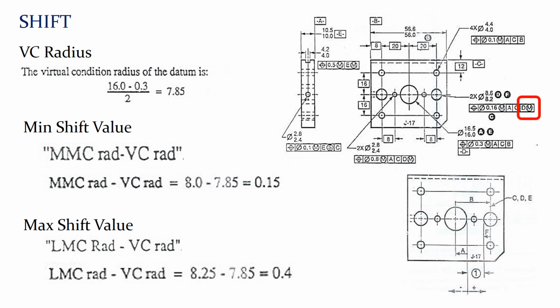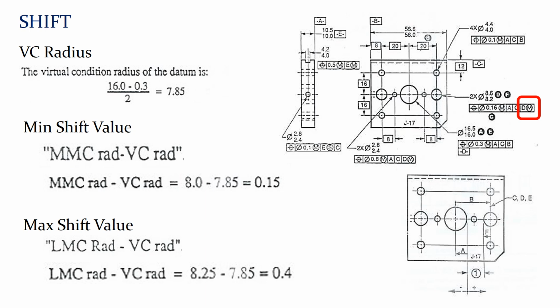Note that it is an internal feature and its MMC is 16.0, and the geometric tolerance is 0.3 mm at maximum material condition. So you subtract it, divided by 2. That is the virtual condition radius. Here we divide by 2 because it's a radius.